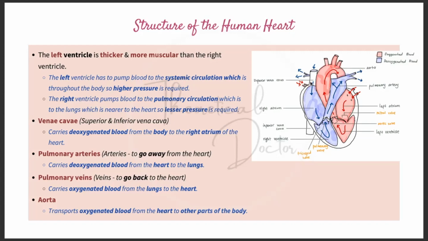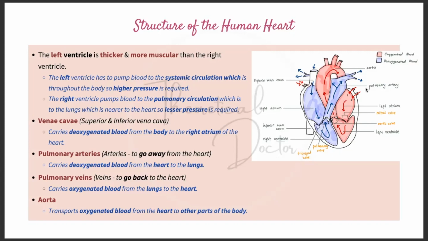The word artery refers to going away from the heart, meaning the blood is going away from the heart. So pulmonary arteries, because it's carrying blood away from the heart, right? So the function is it carries deoxygenated blood from the heart to the lungs. And then you have pulmonary veins, this one. The word vein refers to coming back or going back to the heart. Just like vena cava, vein, it carries blood back to the heart.